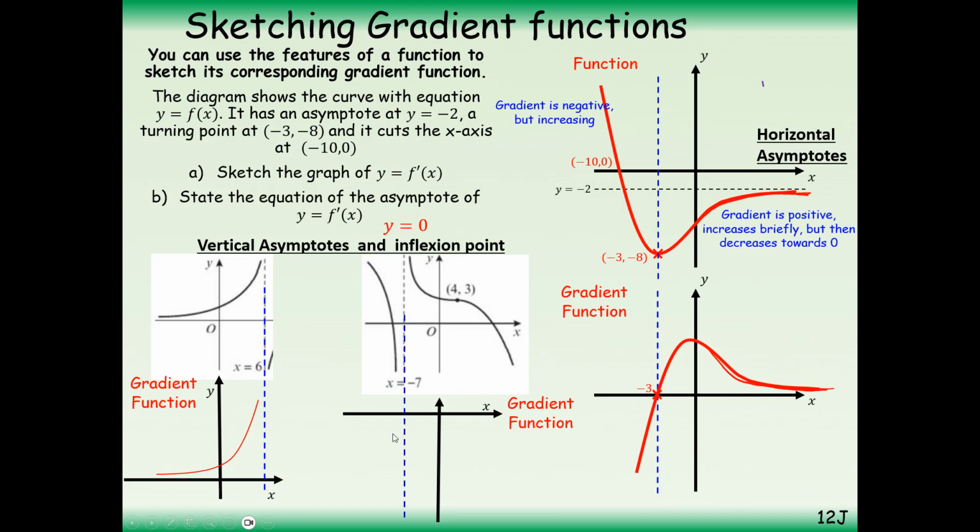This one is at -7, therefore the gradient function is at -7. Now it's always decreasing here, so the graph will be always below the x-axis because any value of x less than -7 has a negative gradient.